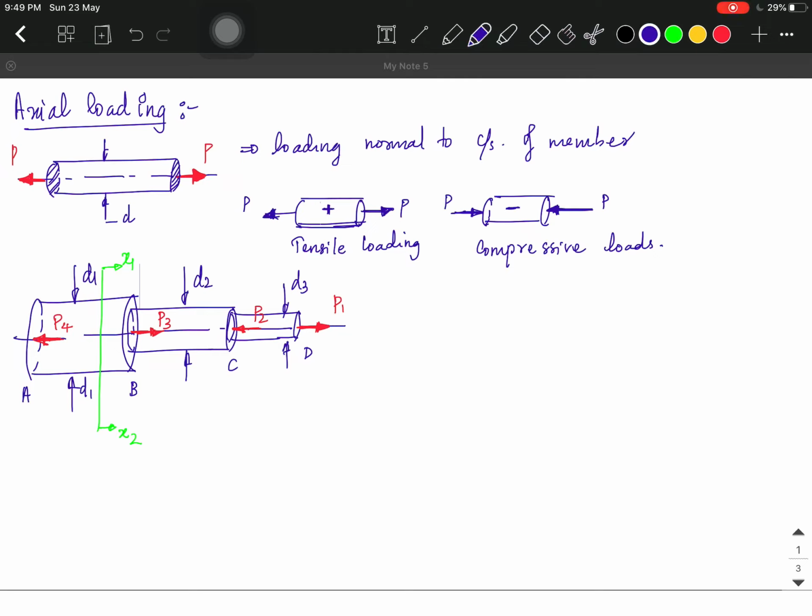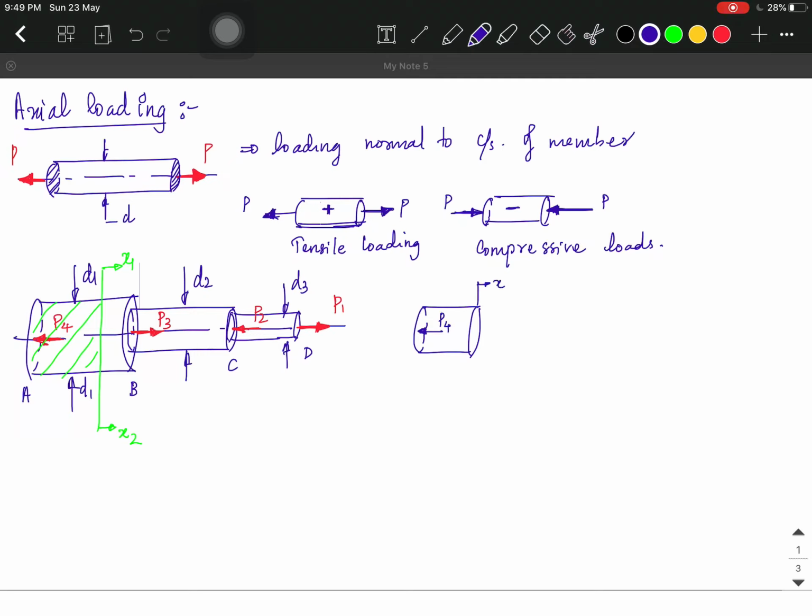For that case, let's suppose this section line X1, and take the section left of this section line, where we can see that P4 is acting over here.